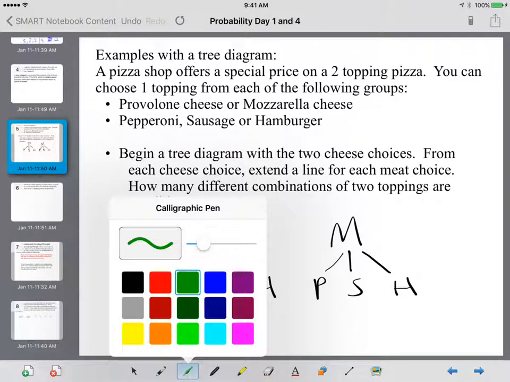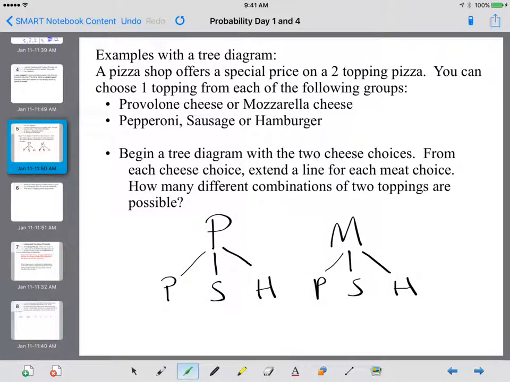Now, if I were to ask you, what if there was a third choice in which maybe we got to choose onions or green peppers? Well, if there's a third choice here, we could extend it. If I chose provolone, pepperoni, I could choose onions or green peppers.